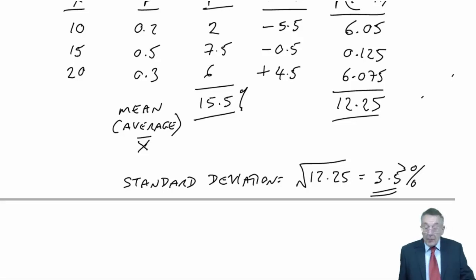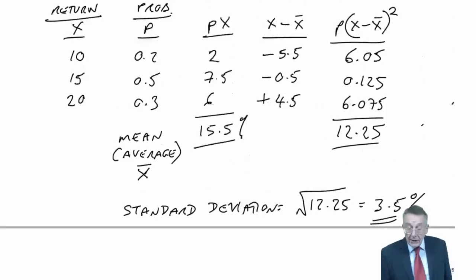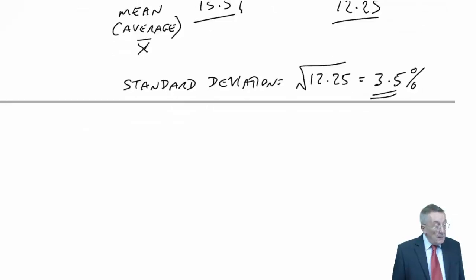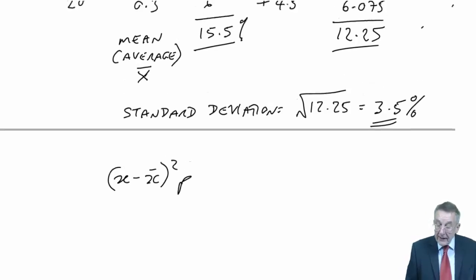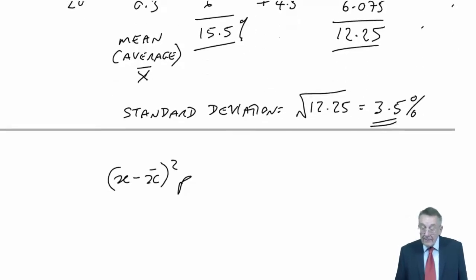So there we are. If you look back at the formula, it's just stating what I did. I took x minus x bar squared and multiplied by the probabilities.